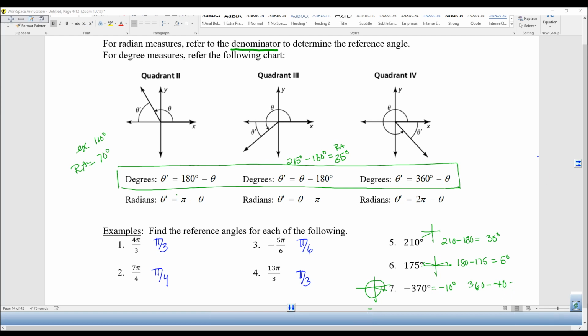So you have to do a lot more thinking with this, and instead say to yourself, hold on, negative 10 degrees, that's going to make the exact same triangle as positive 10 degrees. So the reference angle here is going to be positive 10 degrees. So those are reference angles. As you can see, I'm literally going to sell you on a love for radian measure in the end. It'll be nice.